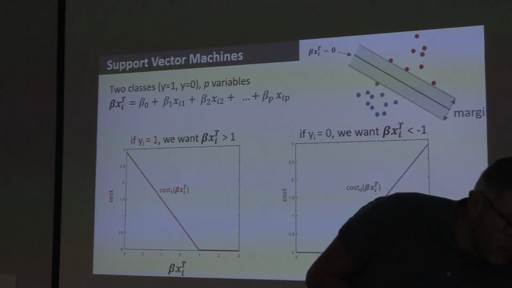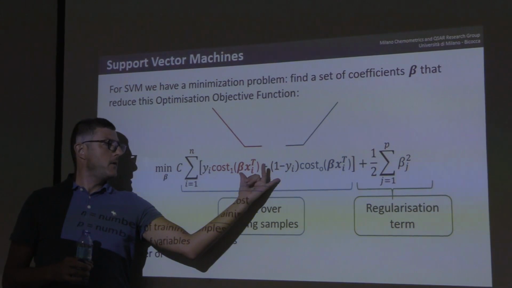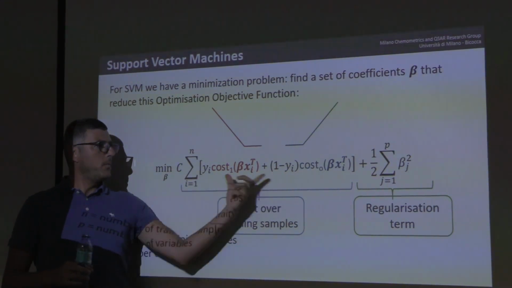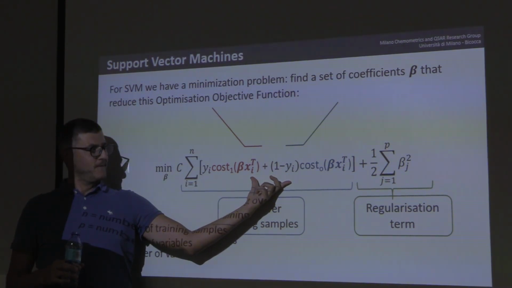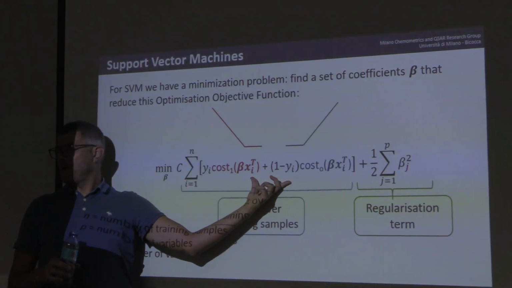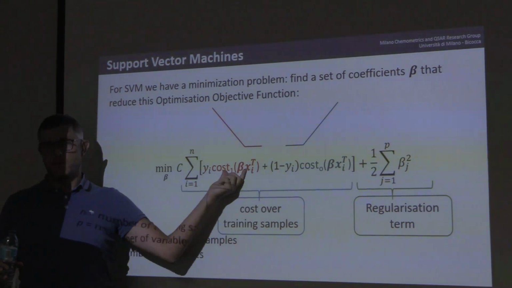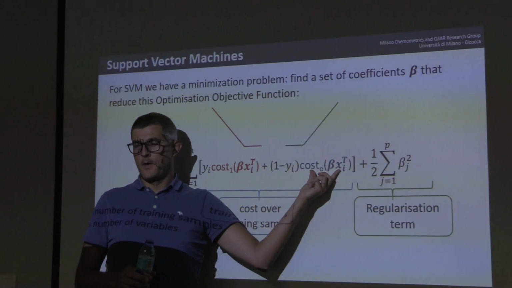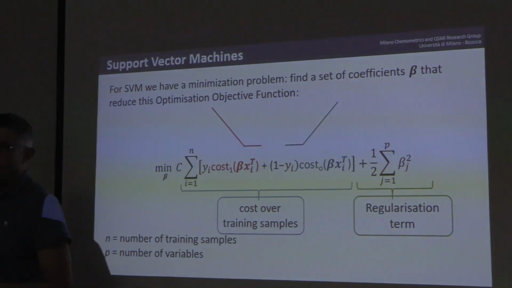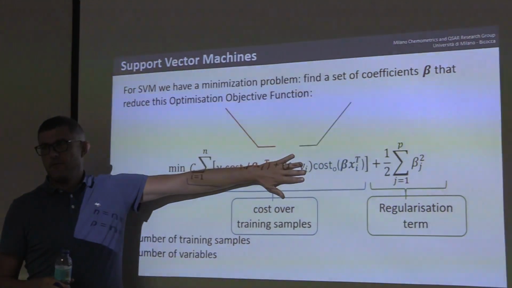Then this sum will be equal to 0, because this will always be equal to 0, and this will always be equal to 0. Of course, we will have overlaps in real data sets, but we try to reduce this stuff.